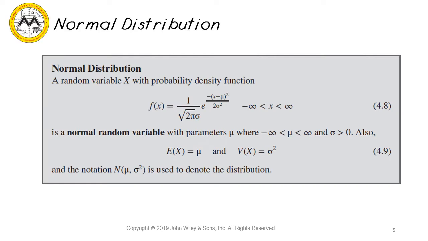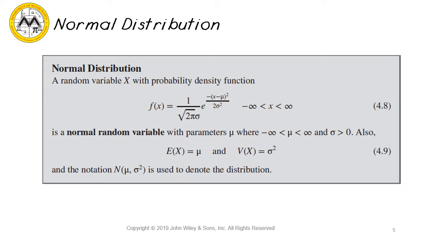A normal distribution: a random variable x with a probability density function f of x equal to 1 over square root of 2 pi times sigma, e to the negative (x minus mu) squared all over 2 sigma squared, where x is from negative infinity to positive infinity, is a normal random variable with the parameters mu, where mu is from negative infinity to positive infinity, and the standard deviation sigma is greater than 0.